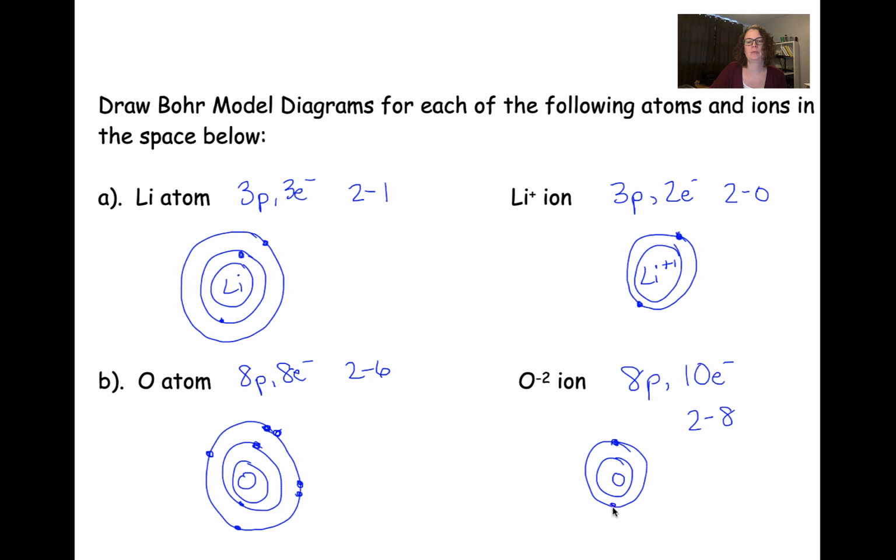When I draw my Bohr model, it's 2 on the inner shell and 8 on the outer shell. So I've filled up the outer shell of my oxygen atom to make an oxygen ion.